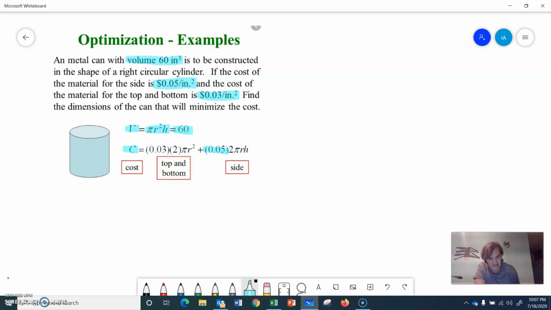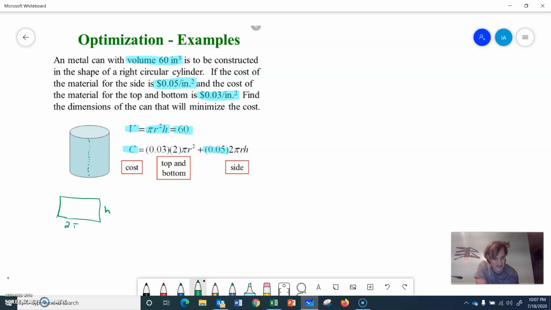Now, what's the side? Well, just think about this for a second. If I took this can and I cut it down the side and I unrolled it, it would just be a rectangle. Well, that rectangle has a height, and the length of that rectangle would be the circumference of the bottom.